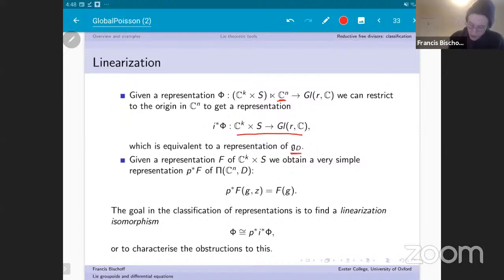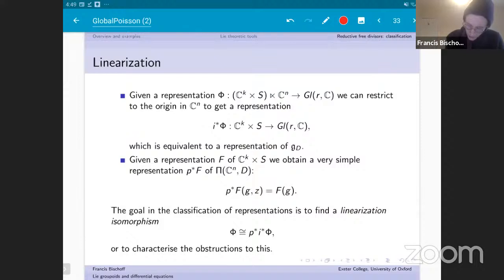Conversely, if we have a representation of this group, then we can produce from it a very simple representation of the twisted fundamental groupoid, given by the following formula. Notice that it doesn't depend on where we are in C^n, so it's kind of like a constant representation. So it's very simple.